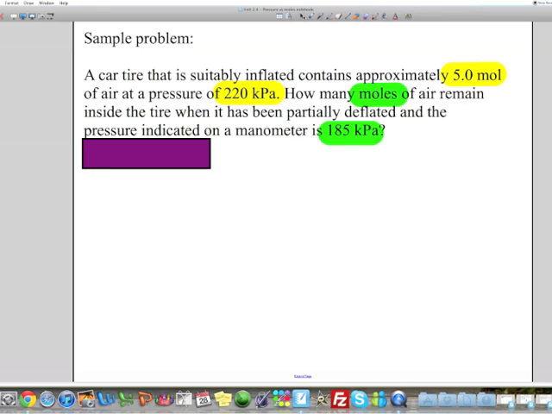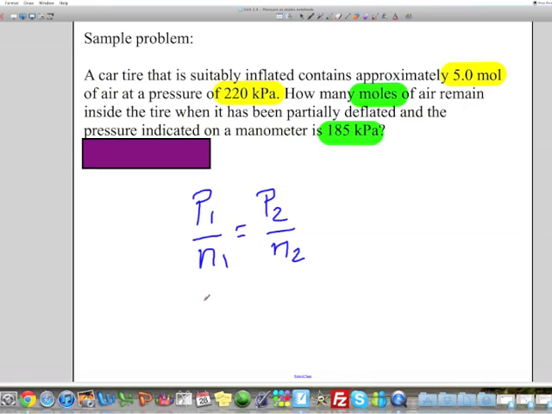So what we're going to do here is use, of course, P1 over N1 is equal to P2 over N2.